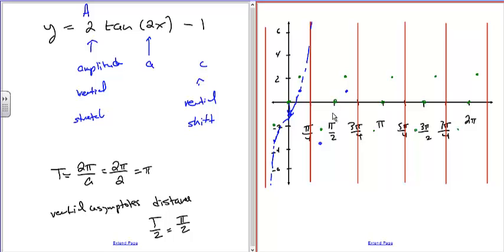So this goes from 0 to -1, this goes from -2 to -3, this goes from 2 to 1, and then I can draw through those. So I've shown these 3 points are important, and once you've got the 3 points and the vertical asymptotes, you can draw a pretty decent representation of a tangent function.